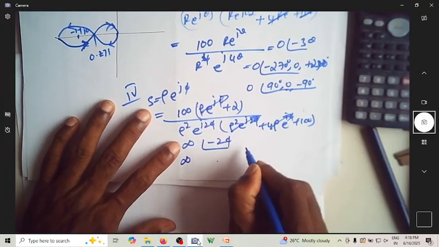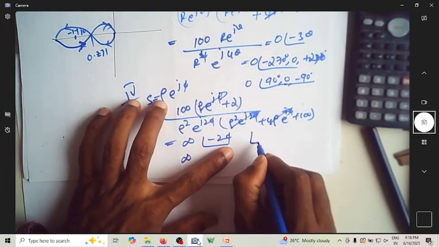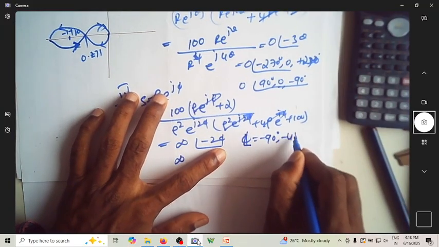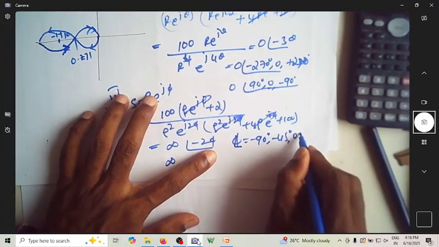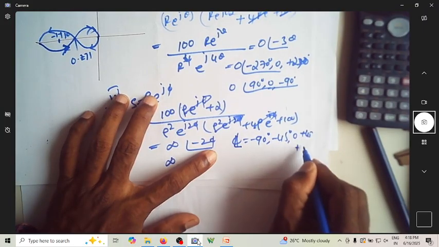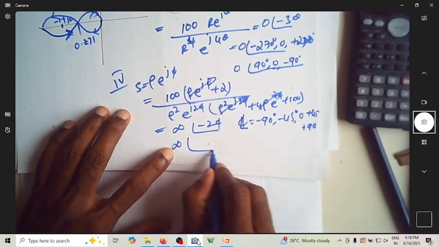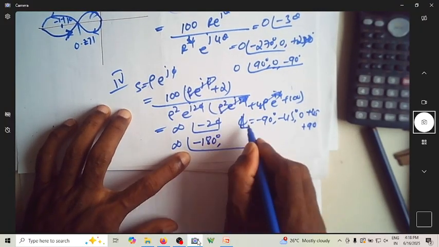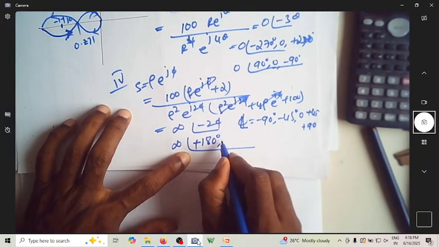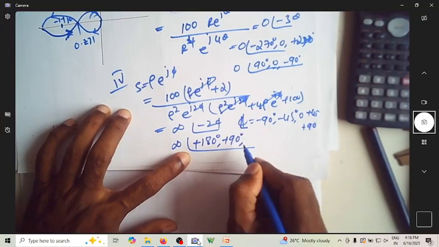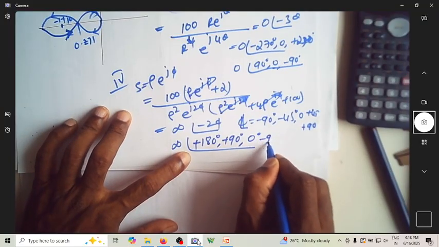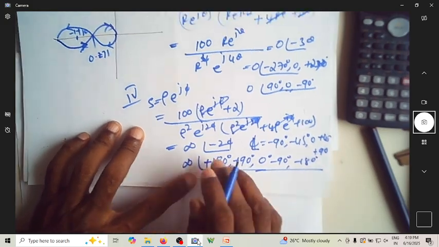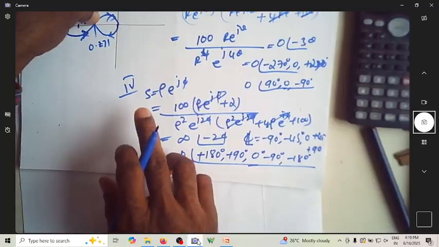So phi is ranging from minus 90 degree, minus 45 degree, 0, plus 45 and plus 90. Then this minus into minus will become plus. It is plus 90 degree, 0 degree, minus 90 degree and minus 180 degree. So now this is the fourth segment.